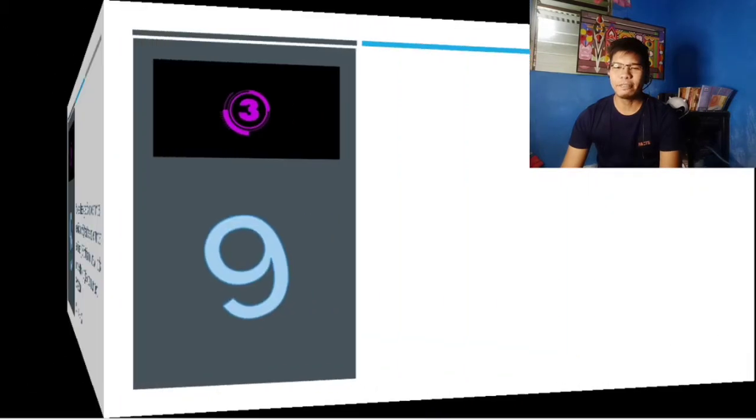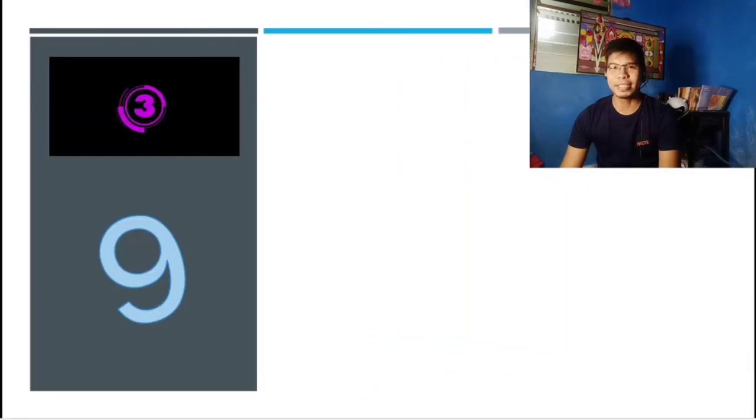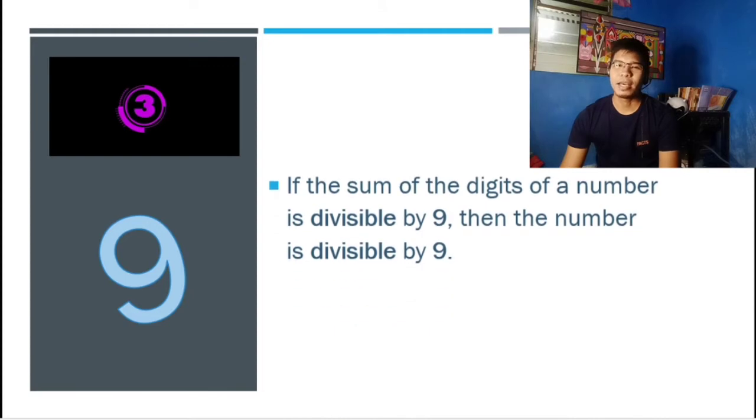Let us have now the divisibility rule for 9. According to the rule, if the sum of the digits of a number is divisible by 9, then the number is divisible by 9. Like what we did in the divisibility rule for 3, we need to add each digit to determine if the number is divisible by 9.